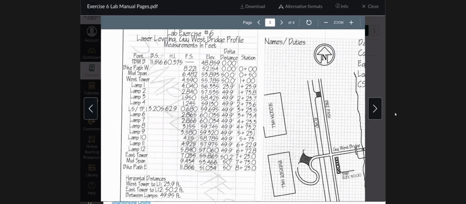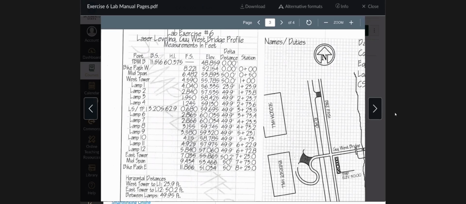Those will be the distances that you're assuming between each point where you are taking a foresight. Okay. Also, you're going to show the station, which is the cumulative summation of the distances as you cross over the bridge. Okay.